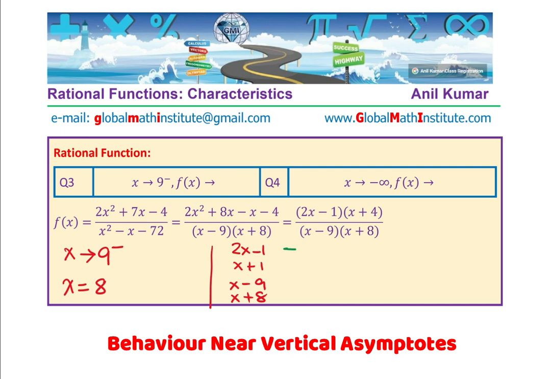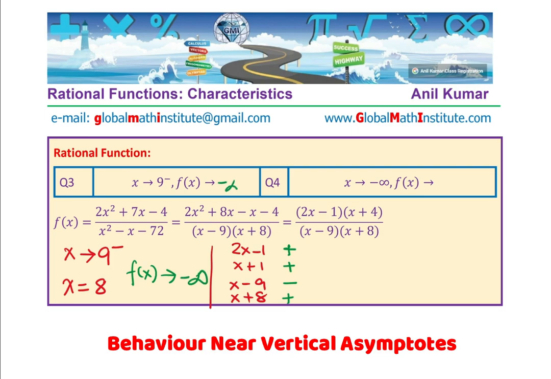So in that case, this is positive. This is also positive. That is negative, right? And this is positive. So overall, in this particular case, it happens to be only one negative, and therefore, f of x is approaching negative infinity, correct?